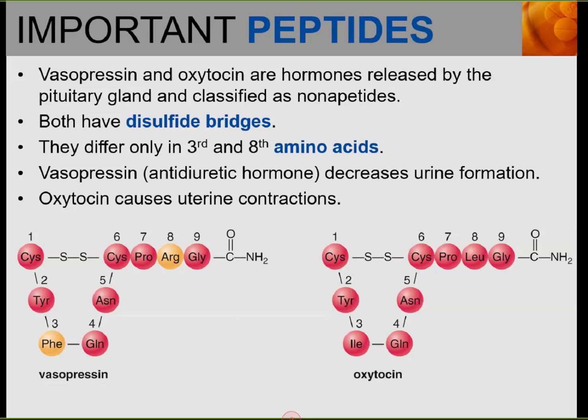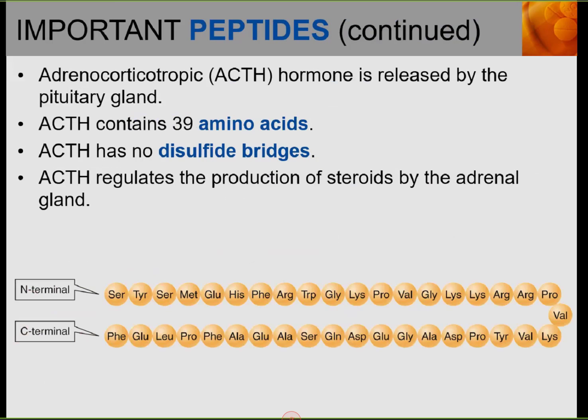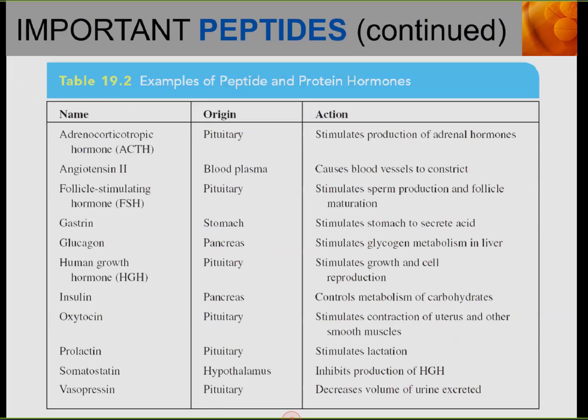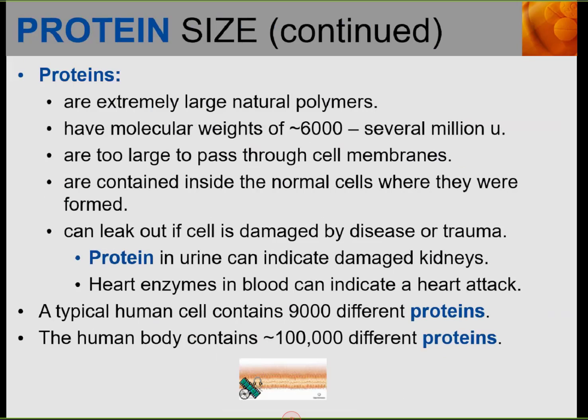And when you combine these amino acids, the key bond is the amide or peptide bond between a carbon and a nitrogen. These two particular hormones have disulfide bridges as key bonds in their structure also. So I'm going to skip the medical, and then talk about proteins themselves.